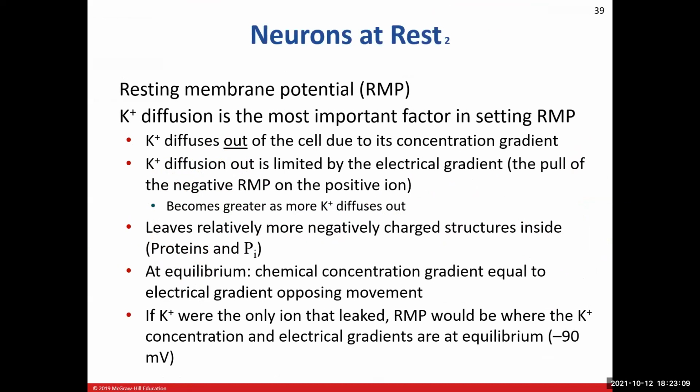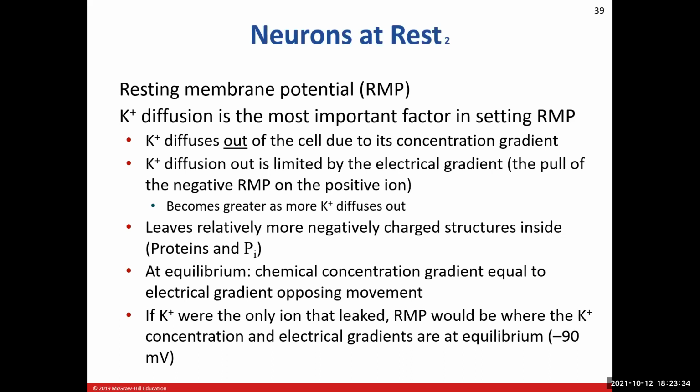Remember, opposites attract? That electrical pull that's generated from those negative phosphate ions and the negative proteins inside is going to tug on that positively charged potassium ion. It's going to say, hey, wait, come back here, come back to us. You're attracted to us. So this makes it a little bit more difficult for potassium to diffuse out.